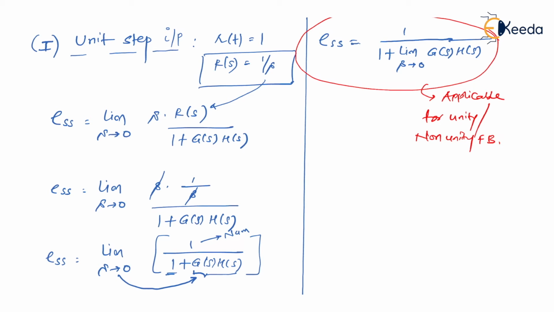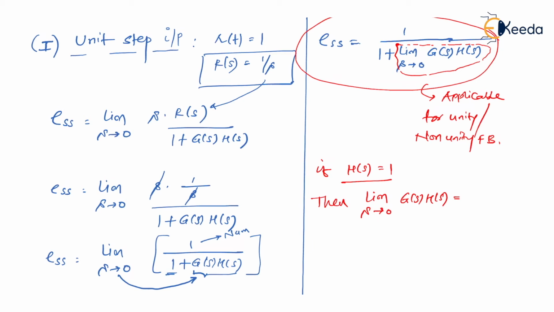But if H(s) equals 1, I repeat, if and only if H(s) equals 1, that is nothing but a unity feedback system, then can you see this part? I'm going to define this part. Provided H(s) equals 1, the limit as s approaches 0 of G(s) into H(s) is some constant value, and that constant is denoted by the letter K.